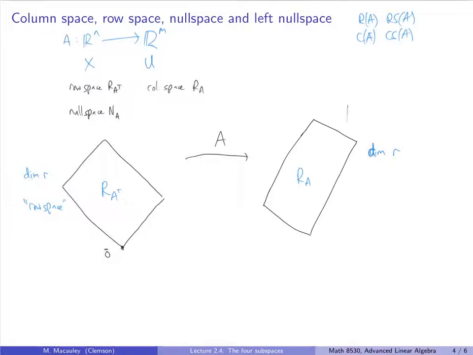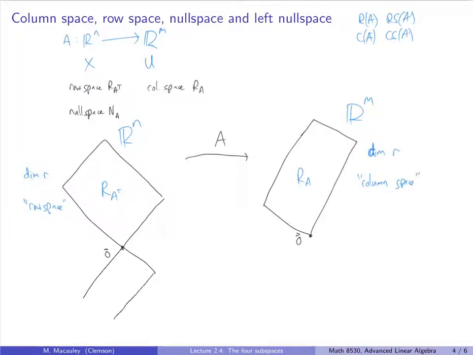Here we are living in R^m. Here we are living in R^n. So this is r-dimensional. This is called the column space. And once again, this is the zero vector.